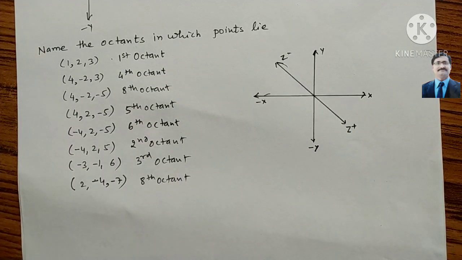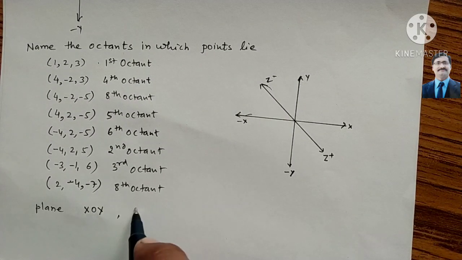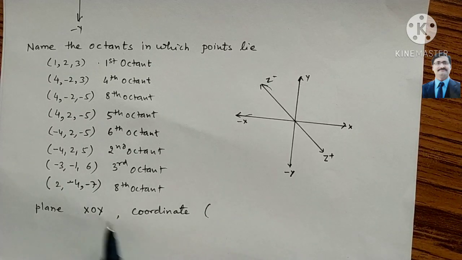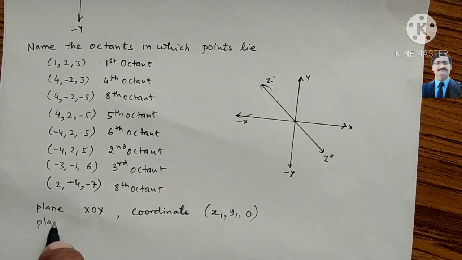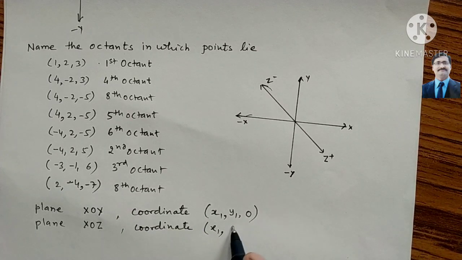Do you all understand this? Look here, if we have the XOY plane, you can check their coordinates, you will have only the x axis and y axis. So you will have the x coordinate and y coordinate, and the z coordinate you will get here is 0. And on the XOZ plane, the coordinates will be in the form that x will be x1, y coordinate will be 0, and z coordinate will be z1.